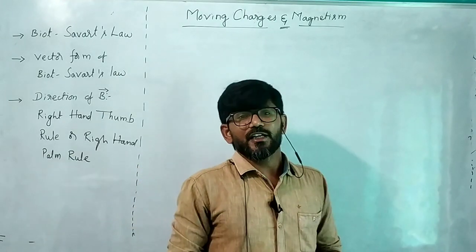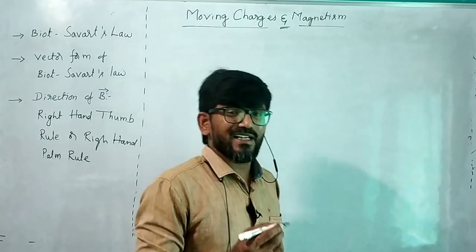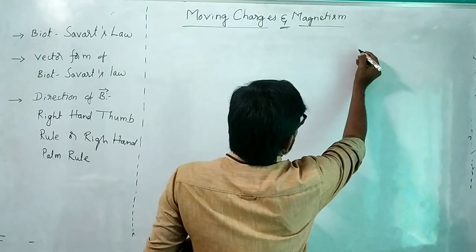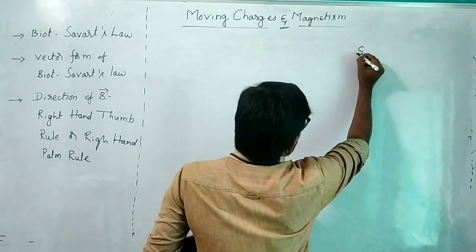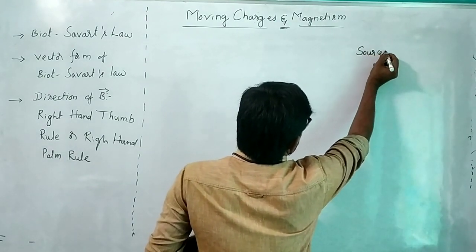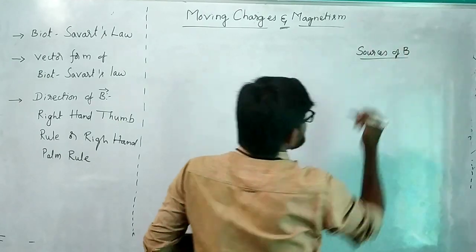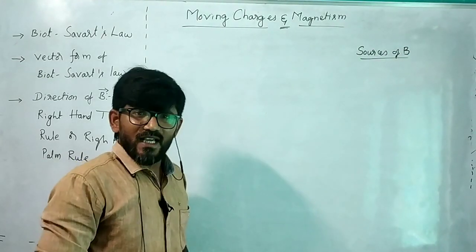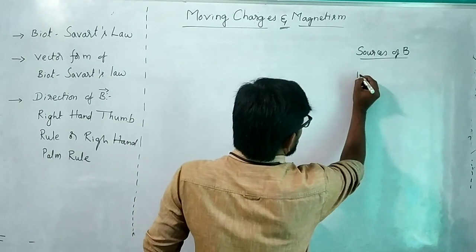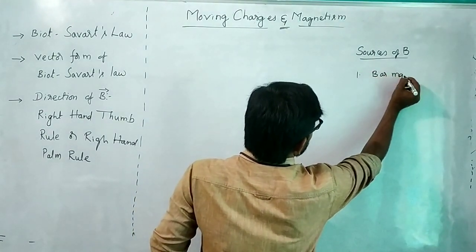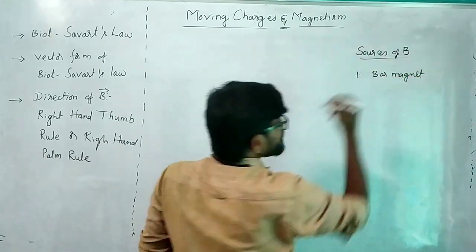Before starting with Biot-Savart's law, let us discuss a few prerequisites. Especially, we'll see what are the sources of magnetic field B. In your lower classes, we have studied that a bar magnet produces magnetic field.